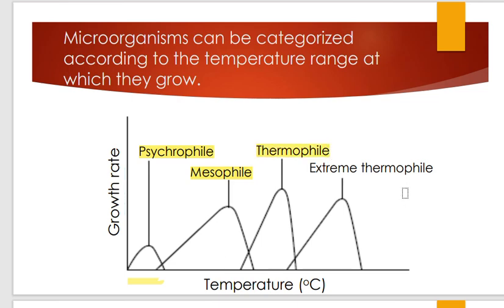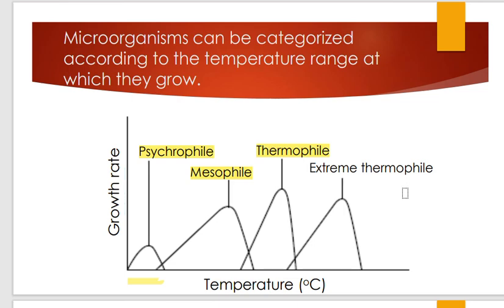These microorganisms are heat loving, so they can grow best at 50 to 80 degrees Celsius. So that is the temperature range where those microorganisms have optimum growth rate. So that is your thermophiles. And then we also have your extreme thermophiles or hyperthermophiles.